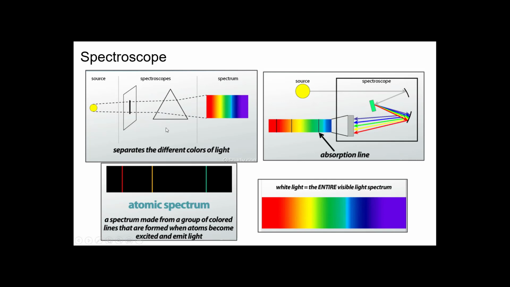You have a light source, it goes through, separates the different colors of light, and you have a white light, this entire visible light spectrum. Sorry, I'm talking too fast and I get tongue-tied. Depending on what kind of instrument, you can determine spectral lines. An atomic spectrum is a spectrum made from a group of colored lines that are formed when atoms become excited and emit light. So what does this mean?